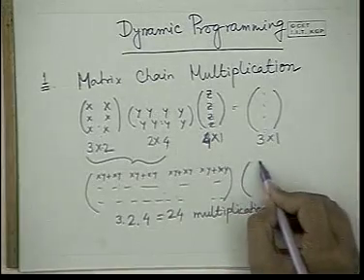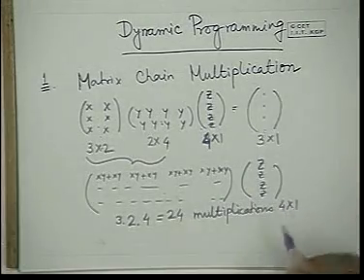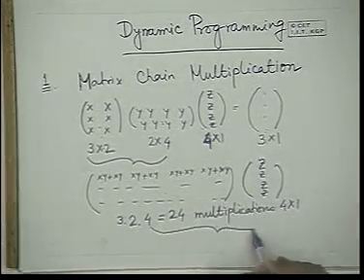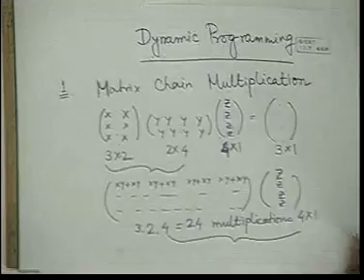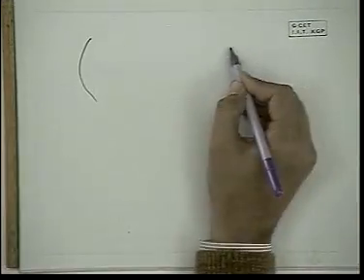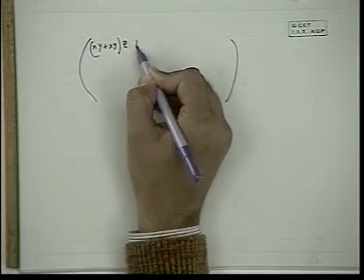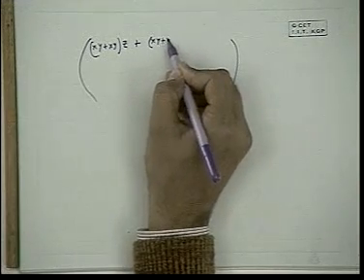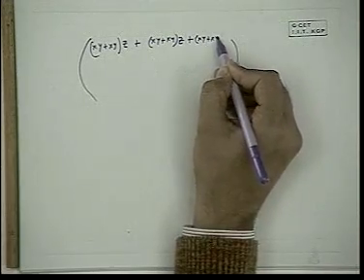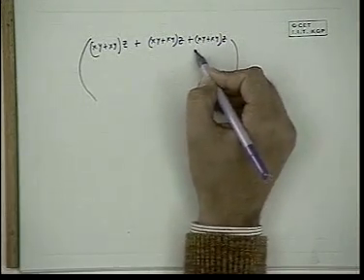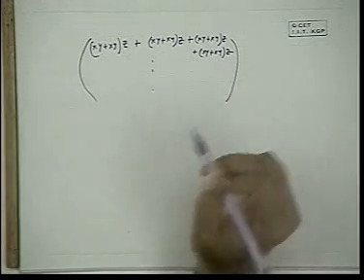Okay, still we are left with the last matrix here, which is 4 cross 1. Now I will be multiplying these two. If I multiply these two, we get something like this: xyz plus xyz plus xyz plus xyz, and there will be 3 rows.